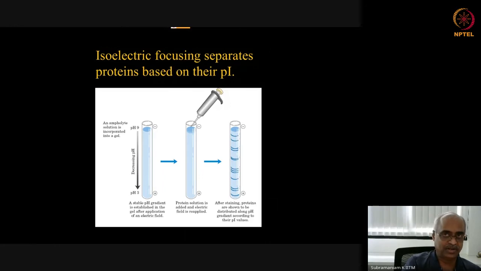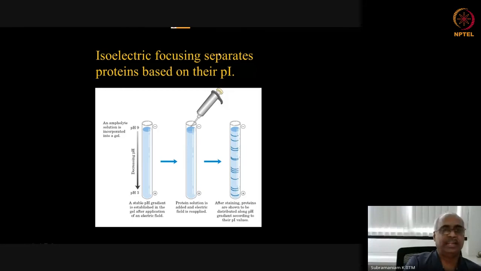And I told you the isoelectric point, or pI, is the pH at which a protein's net charge is 0, which means that protein is not going to move in an electric field if the gel pH at that given position equals its pI. That is in no way related to its molecular weight. It is a completely independent, distinct property.